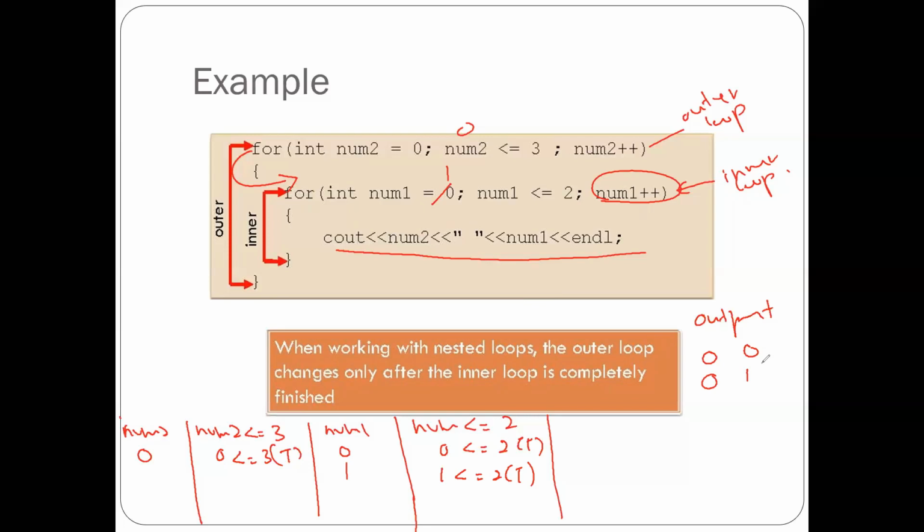Nampak tak? So dia akan naik lagi. Bila dia buat j plus plus, sekarang jadi 2. So dia akan update dekat sini. Adakah 2 less than or equal 2? True. Bila true, dia akan keluarkan i. i still lagi kosong. j akan jadi 2. Ni output dia: 0 0, 0 1, 0 2.